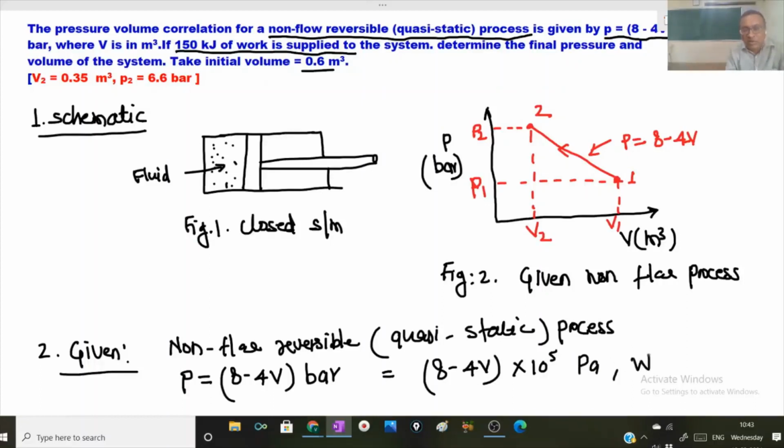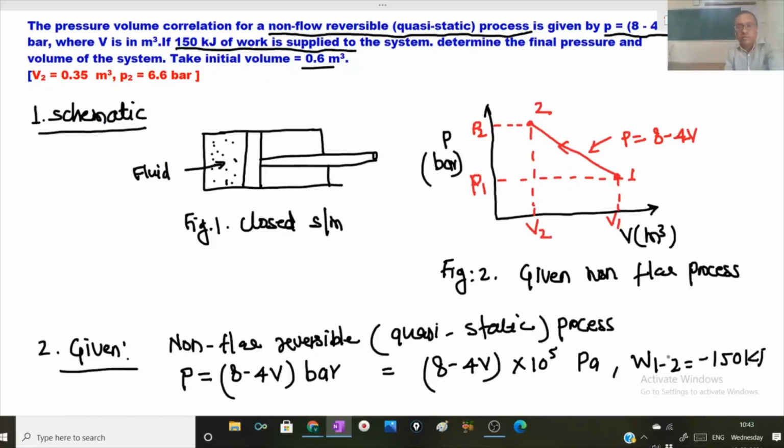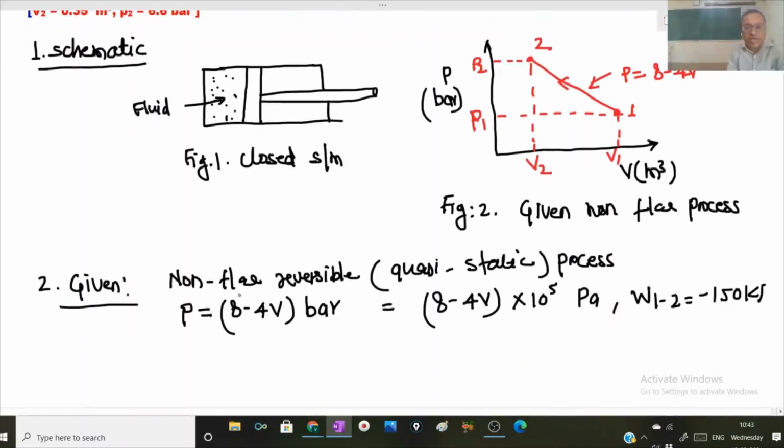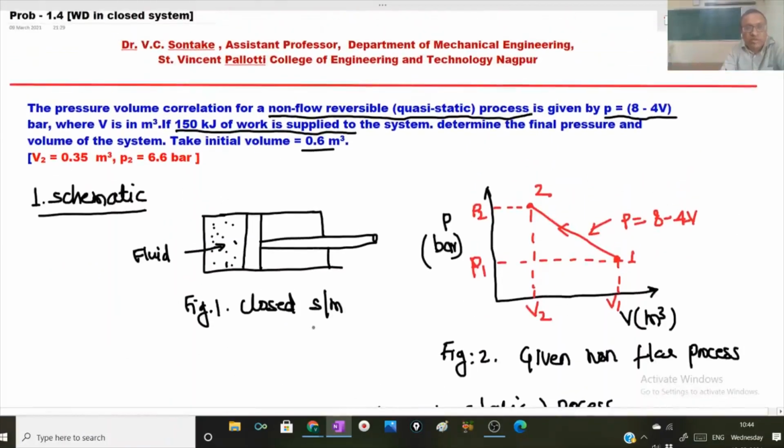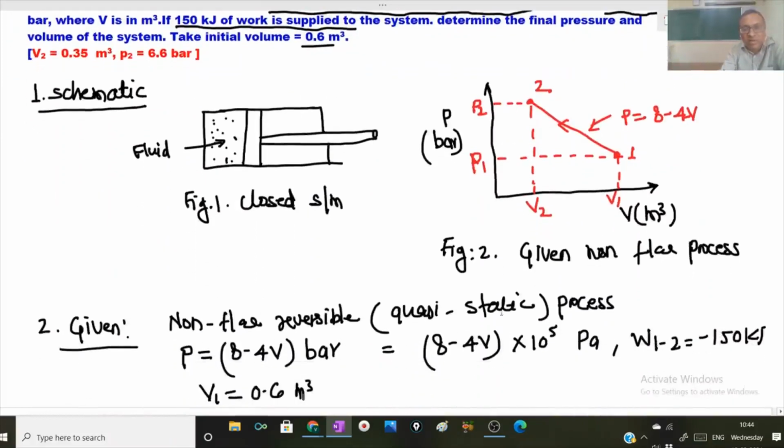Then W12 is given. It will be negative 150 kilojoule. Then after that, initial volume V1 is given, 0.6 meter cube. So that way I could enlist all the given things.